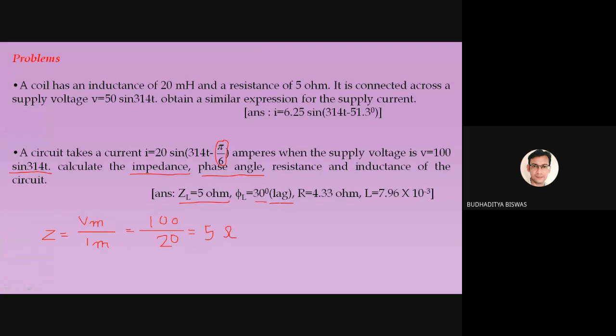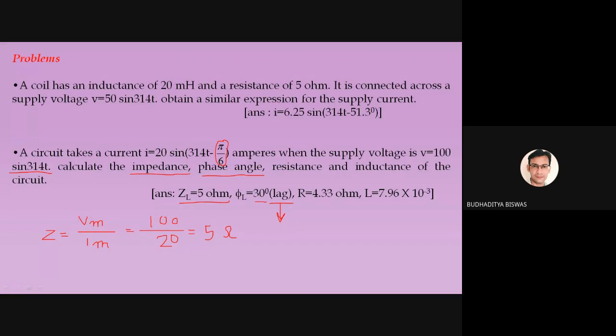Now, who can tell me what is the meaning of this lagging? Which one actually lags, voltage or current? Because two quantities are there. Sir, current lags. Current lags. Very, very good. Again, you need to remember that this lagging or leading term is related to the current only.